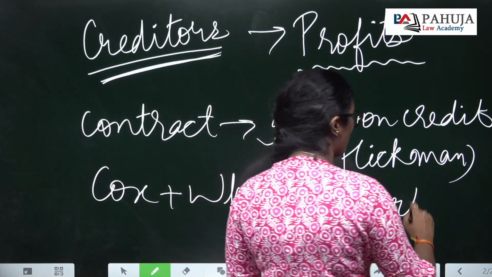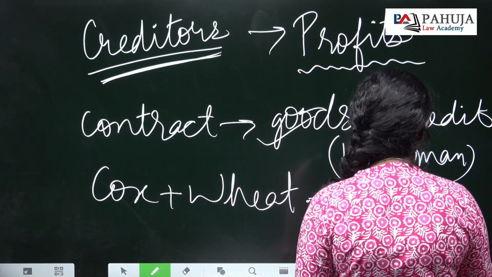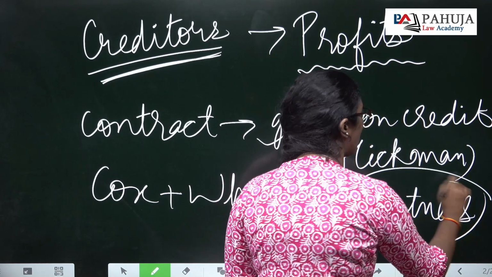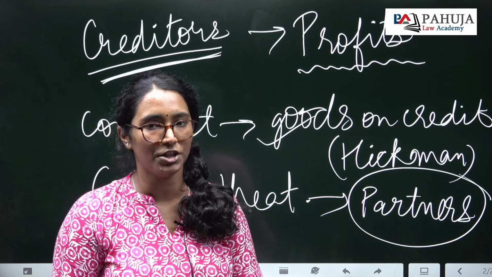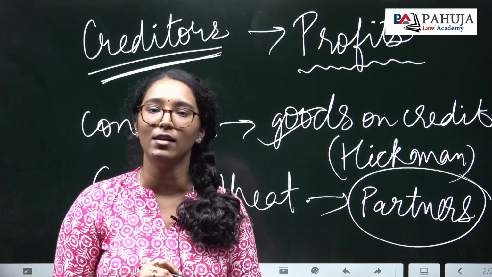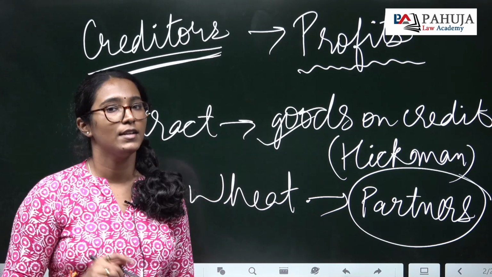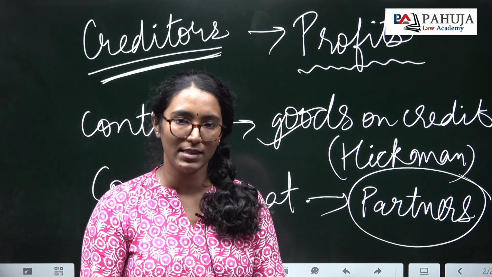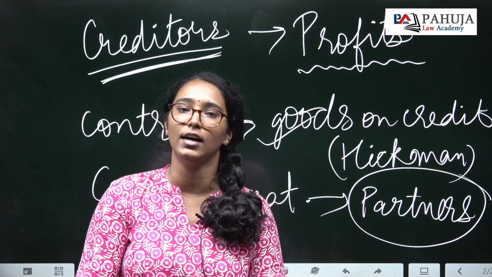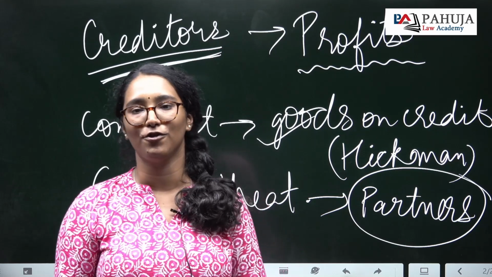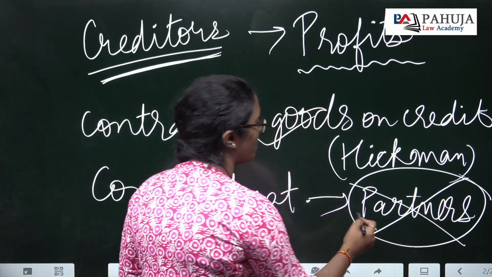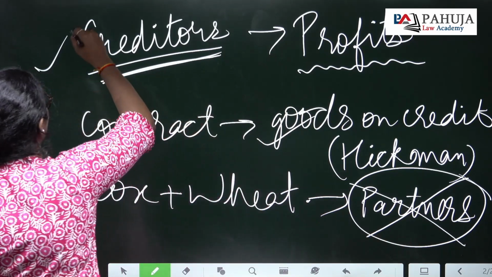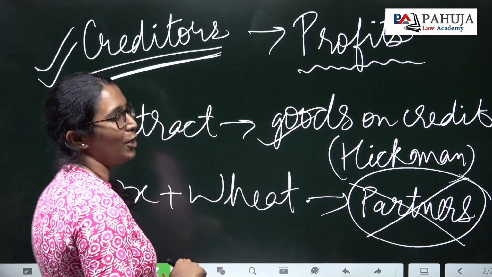But the court held that they are not partners in the firm, because although they are sharing the profits of the partnership, there is no real relationship of partners, there is no mutual agency between them, and they are not conducting the business on behalf of the firm. So they were held to be not partners, but only and merely creditors of the firm.